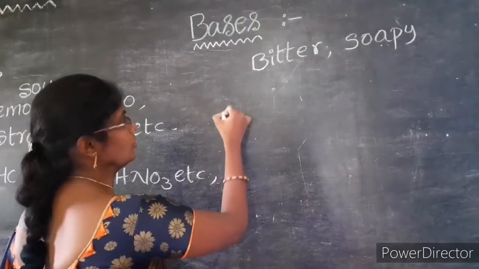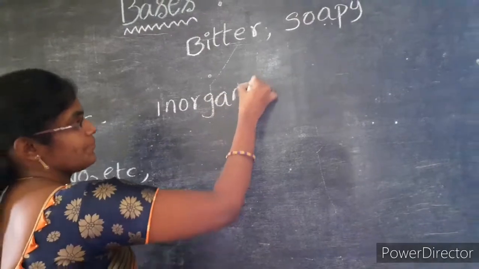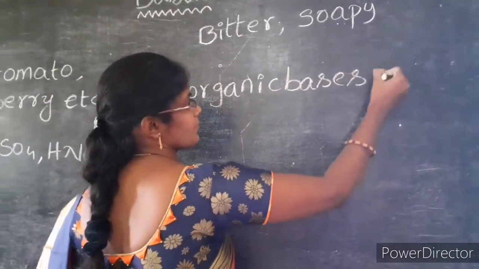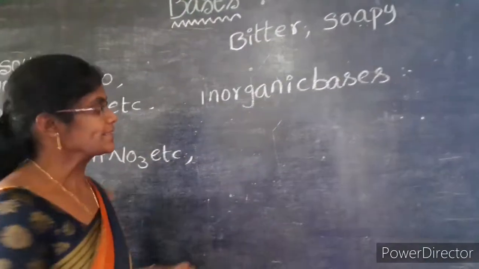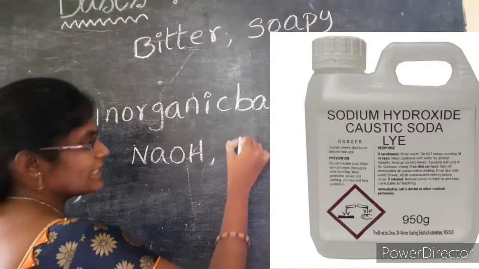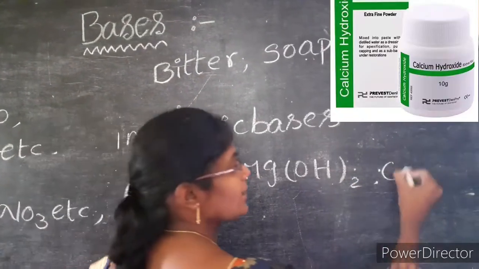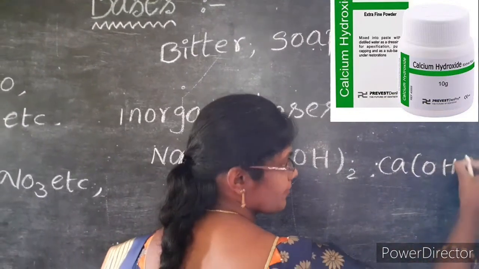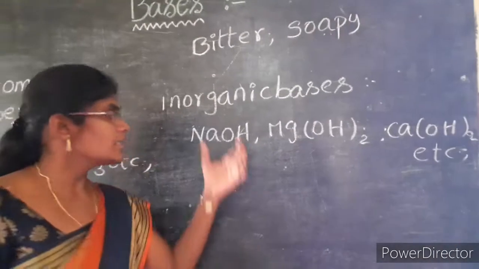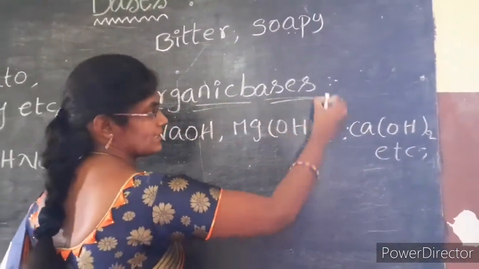In bases also we have inorganic bases. For example, sodium hydroxide, magnesium hydroxide and calcium hydroxide, etc. These all come under inorganic bases.